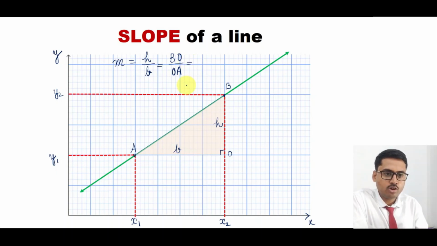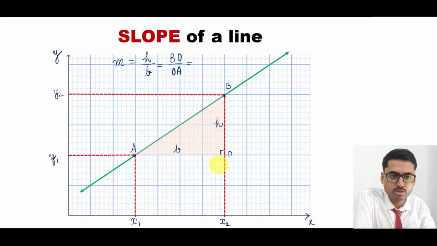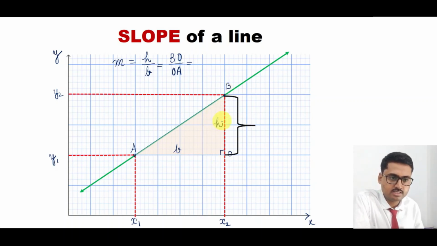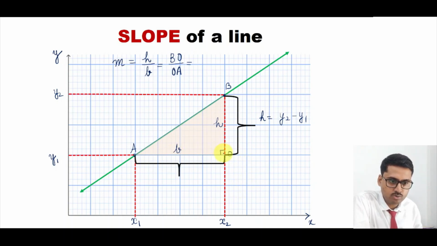Now in order to find the height, you all know in coordinate geometry, this distance h will be y2 minus y1. So h is equal to y2 minus y1, and for the base, the final value here is x2 and the initial is x1, so the difference is going to be x2 minus x1.